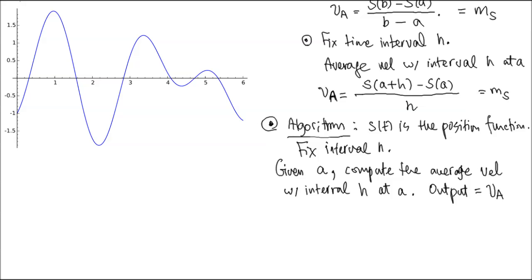You have a position function given, and the time interval h is fixed, like 0.1 or 0.01. If I give you a number a, you compute the average velocity at that instant a with time interval h, and then you get that average velocity as a number, right? That number is your output v_a. So you input, you do lots of things, and you get an output. What is this whole thing called again?